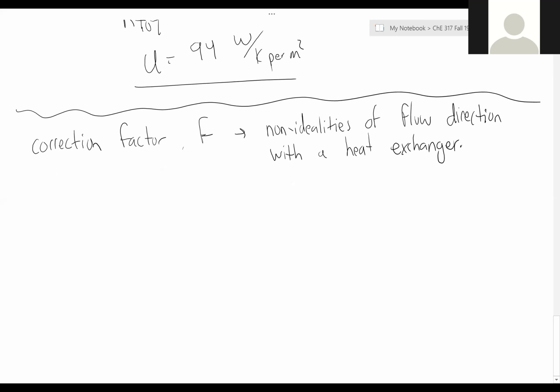It typically goes from 0.5 to 1, where F equals 1 means that you have essentially idealized countercurrent flow within your exchanger. For most exchangers, we can get pretty close to an F value of 1.